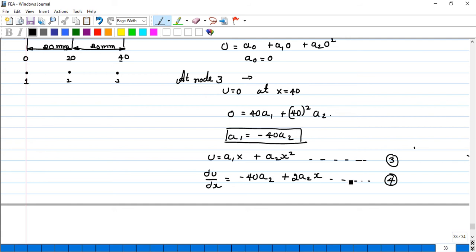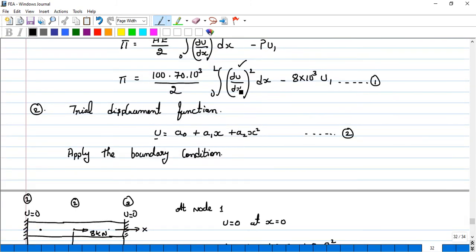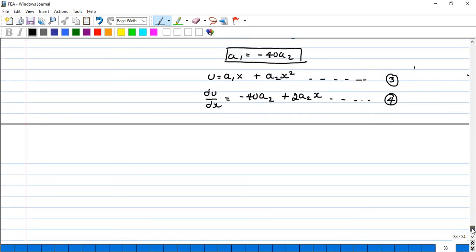Next, we are successfully able to identify what is ∂u/∂x, but still we don't know the value of u1. So let me identify when u is equal to u1.